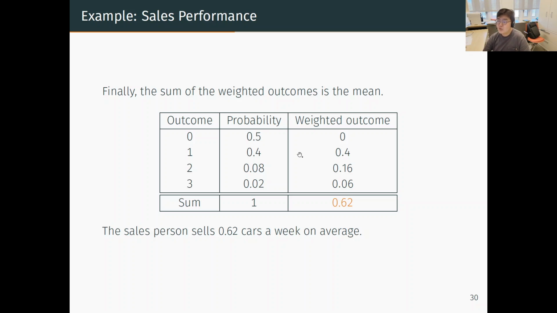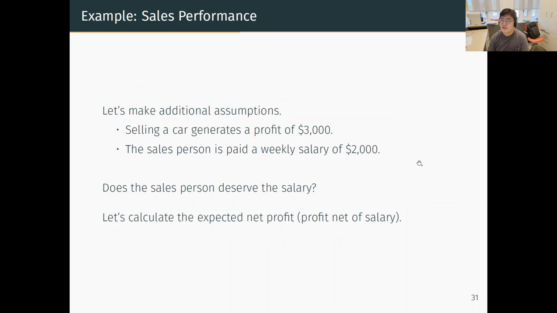From now on, I am going to think about a more extended scenario with additional assumptions. Suppose you are the owner of the dealership. If she sells a car, then you get a profit of $3,000. That is the markup: when you sell a car, you get $3,000, but you have to pay the salesperson.